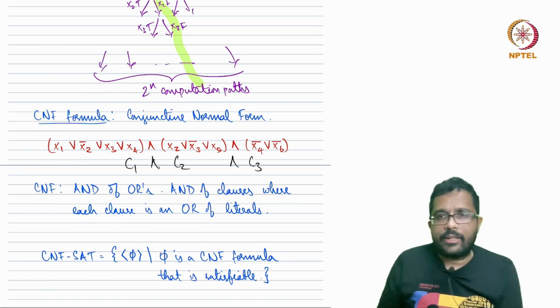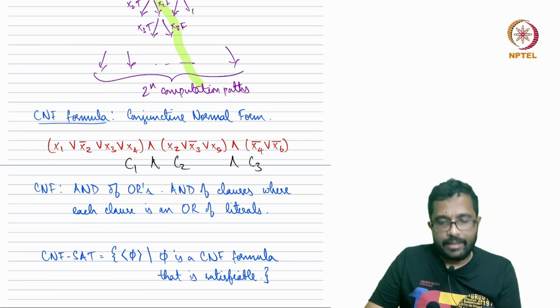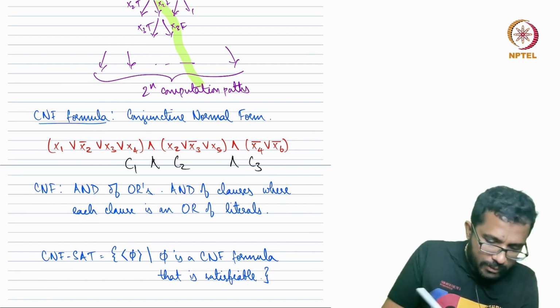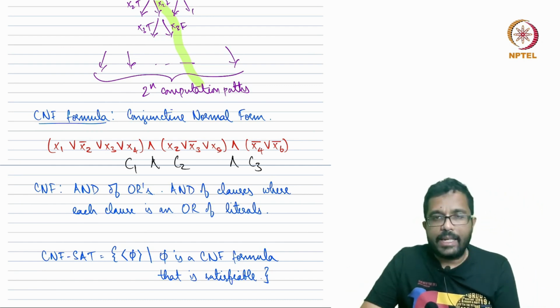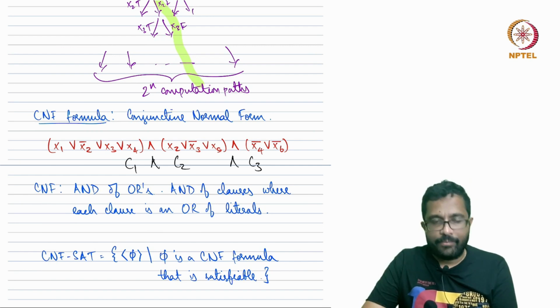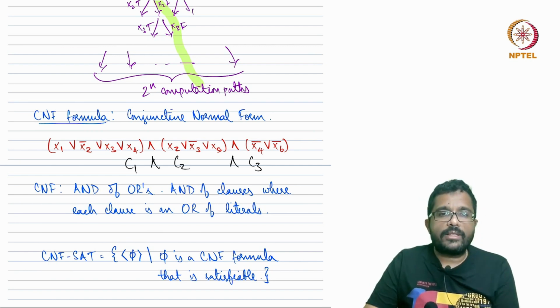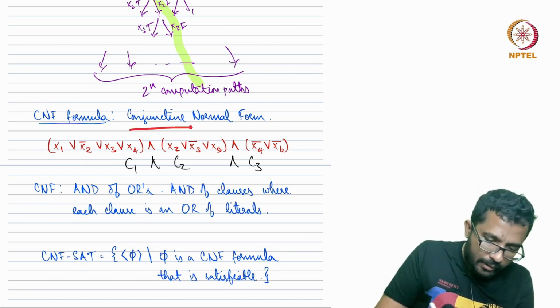It's an AND of 3 clauses, where each clause is an OR of literals. For instance, C1 is simply x1 or x2 complement or x3 or x4. C3 is simply x4 complement or x6. So it's an AND of clauses where each clause is an OR of literals. That's called conjunctive normal form.